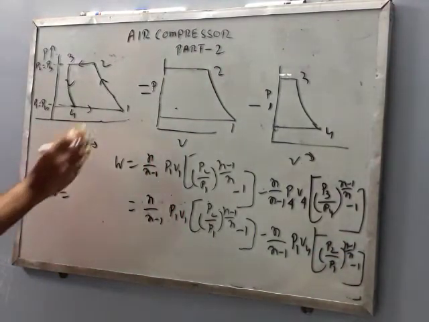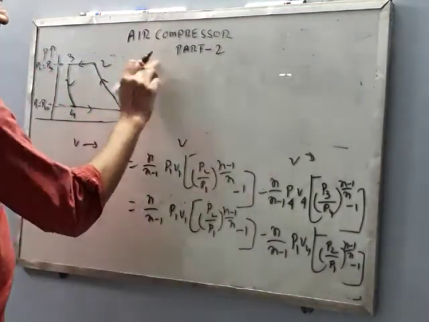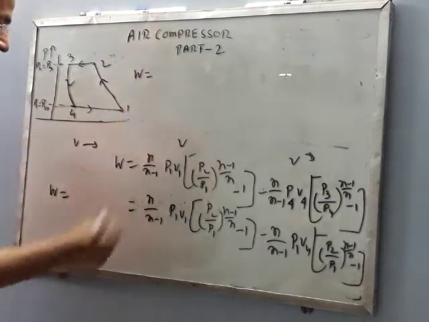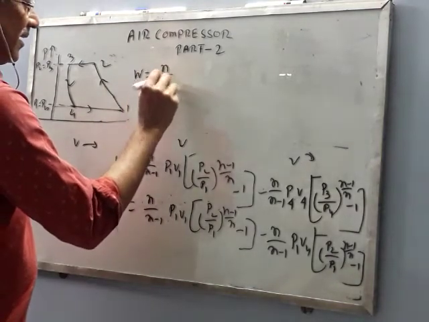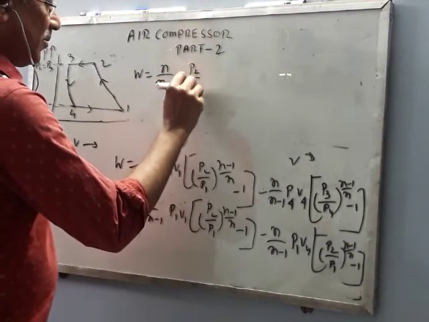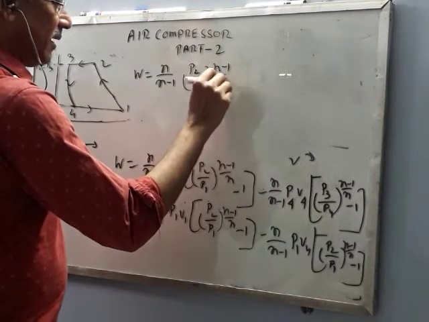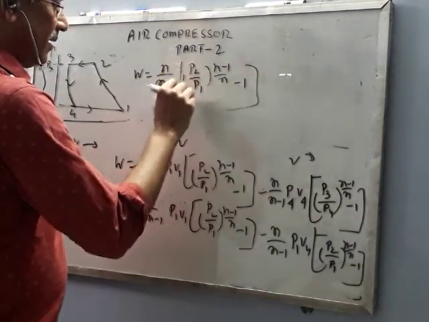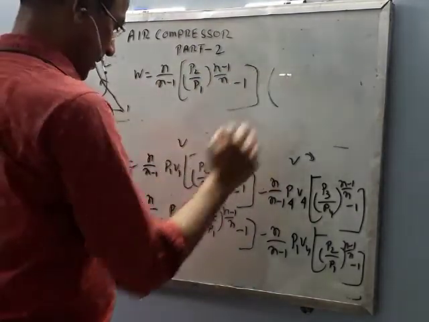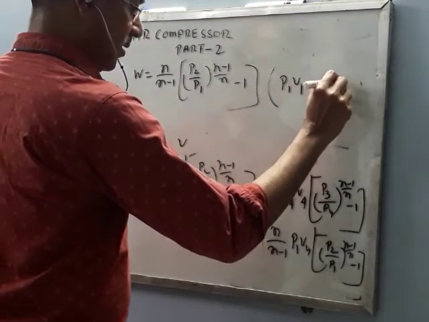Now, work done on the air with clearance is equal to n by n minus 1, P2 by P1 to the power n minus 1 by n minus 1, within bracket P1 V1 minus P1 V4.